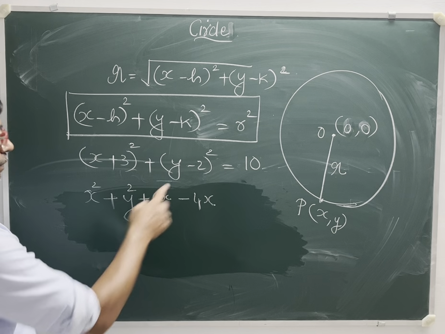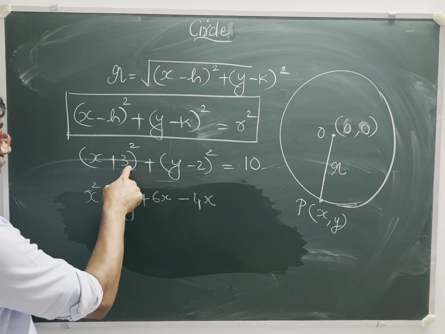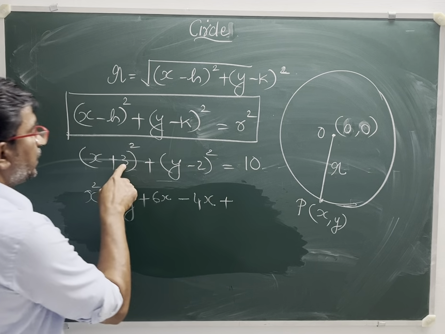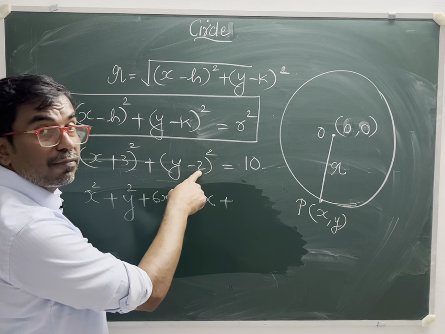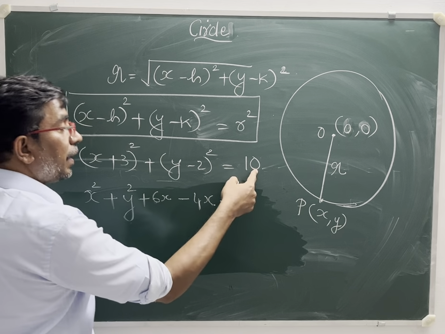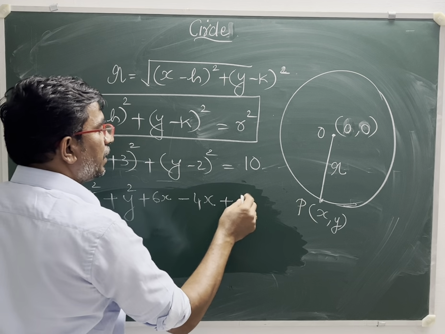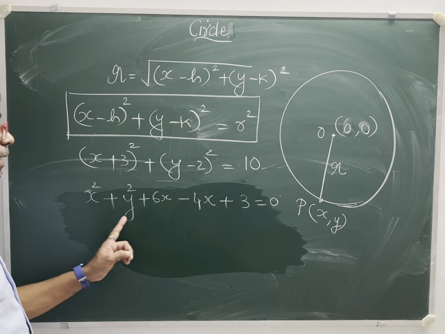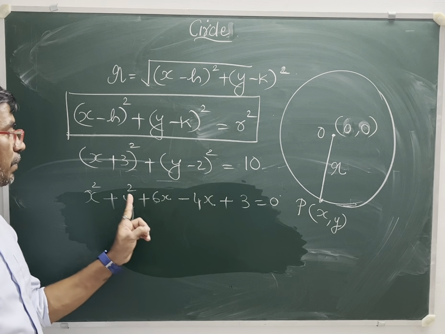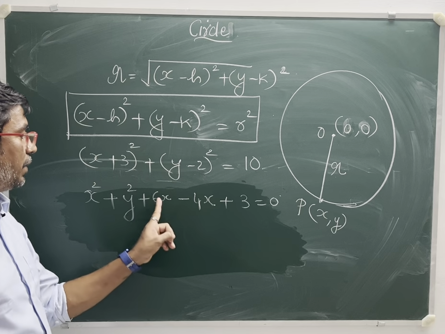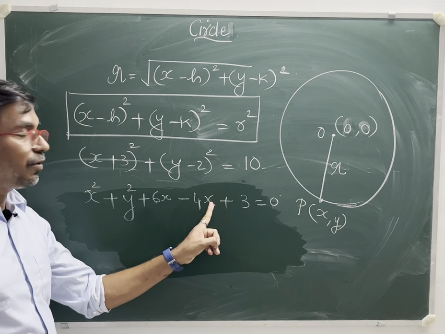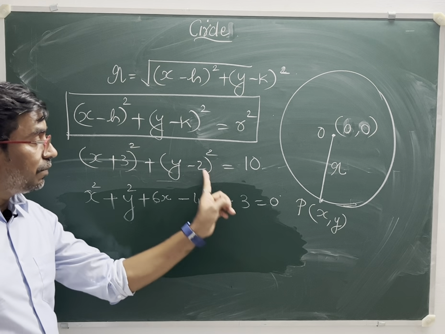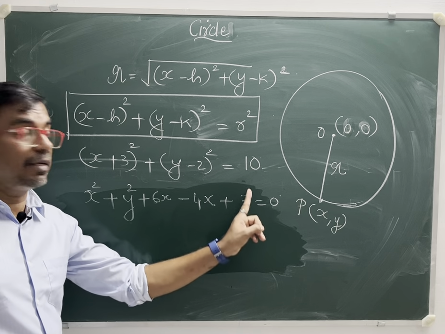You know where it came from: 2ab term. Then plus 3 square is 9, 2 square is 4, that will become 13. When you bring this 10 to this side, 13 minus 10 is 3, equal to 0. So you can write the same equation as x square plus y square plus 6x minus 4y plus 13 minus 10, which is plus 3, equal to 0.